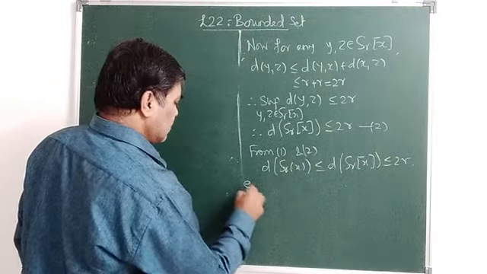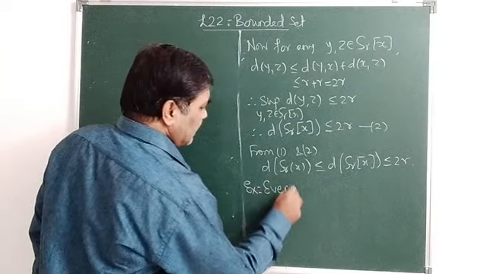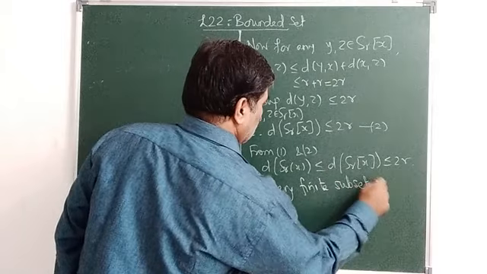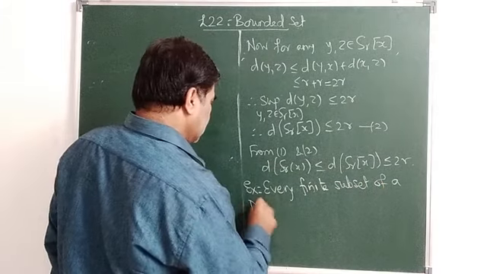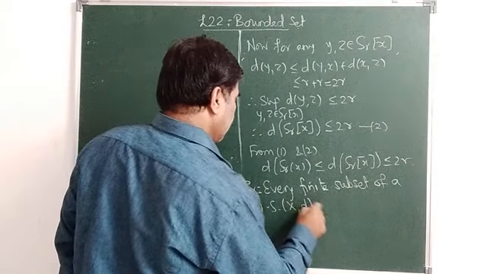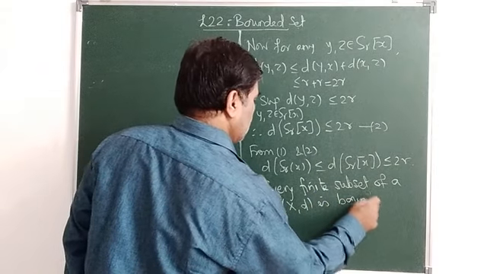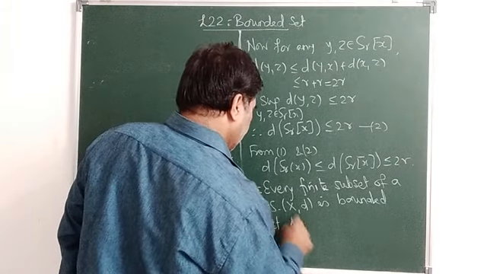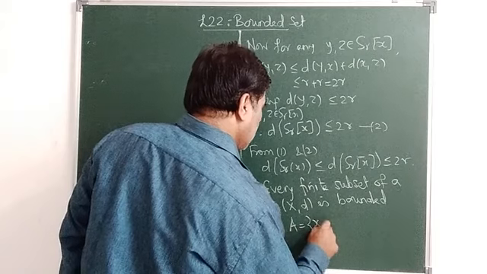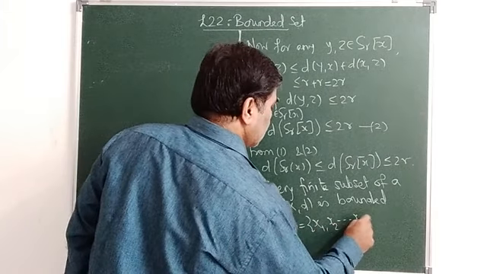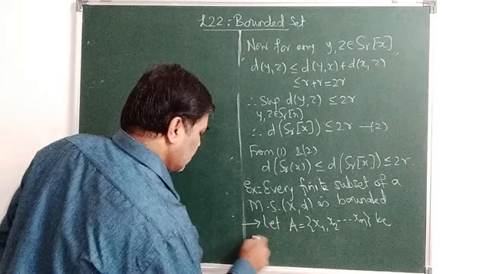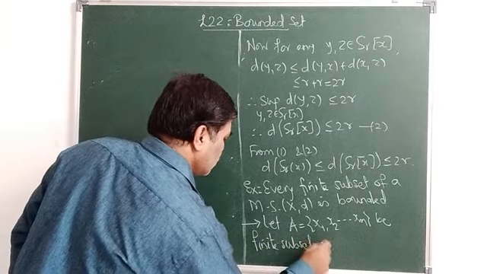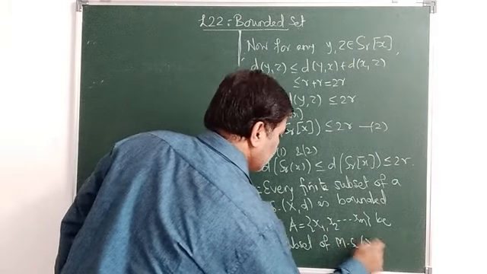Next example: every finite subset of a metric space (X, d) is bounded. So let A equal to {x1, x2, up to xn} be a finite subset of the metric space (X, d).